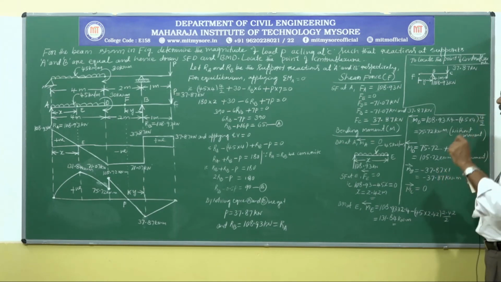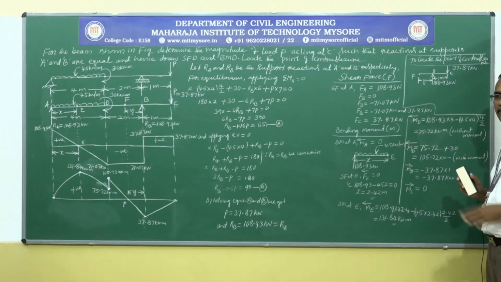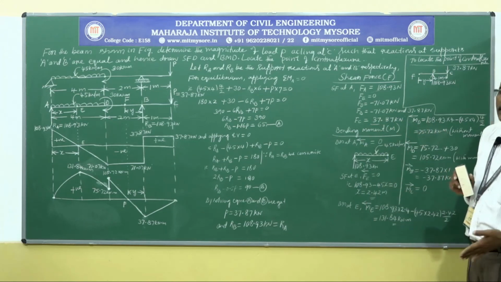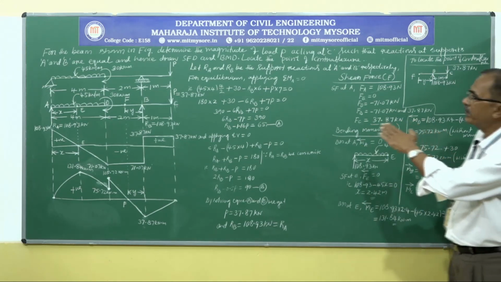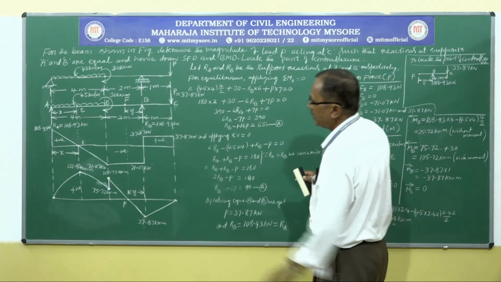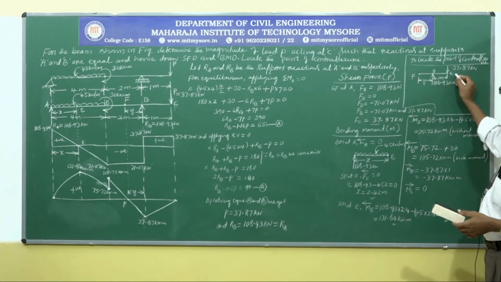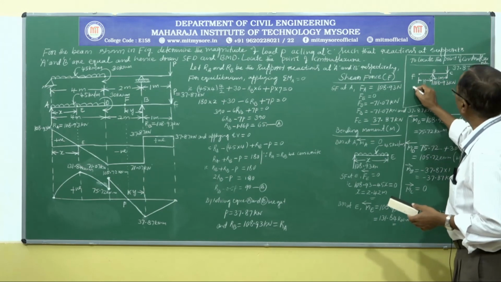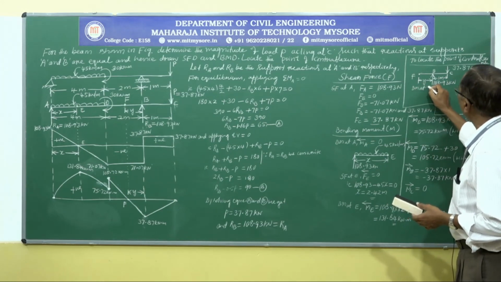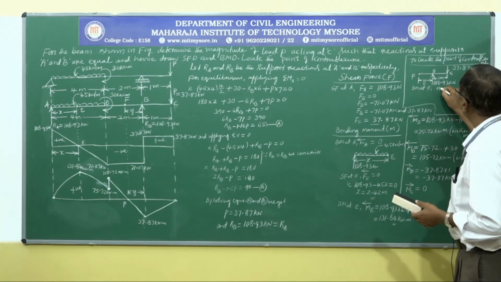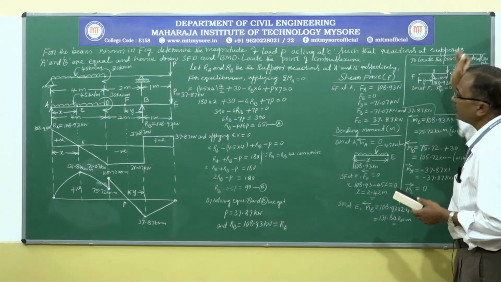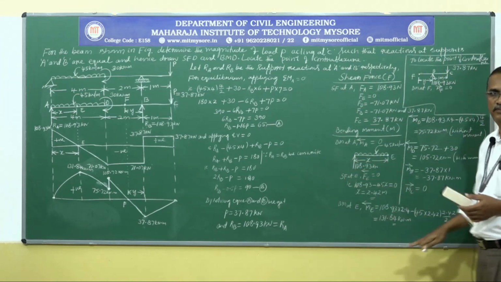Calculation of the Y value is nothing but locating the point of contraflexure, at what distance F is located from point B or point D. Now we know the bending moment at F, MF, by considering forces to the right hand side, is 0. Even if you consider the left hand side also, it is 0.